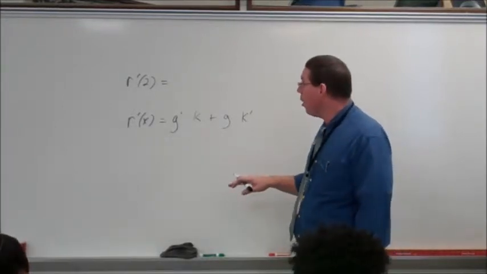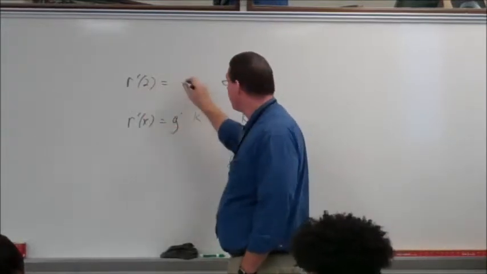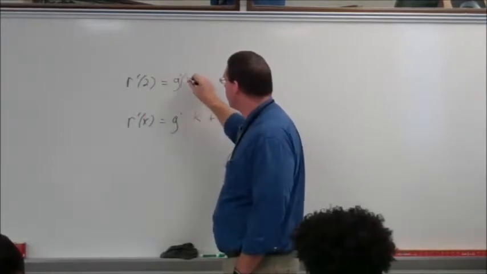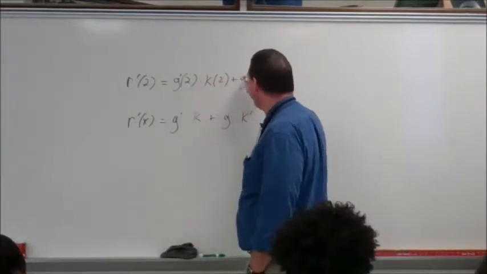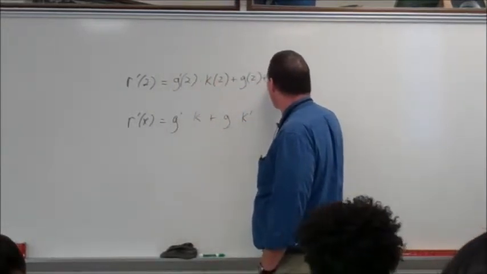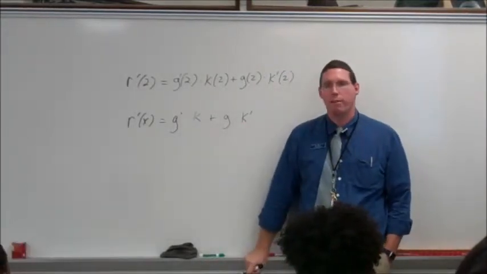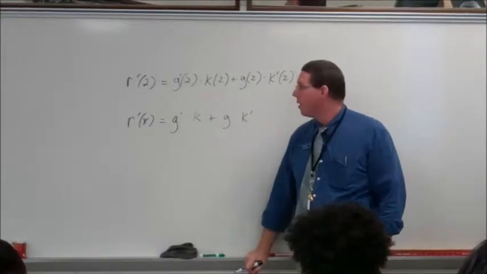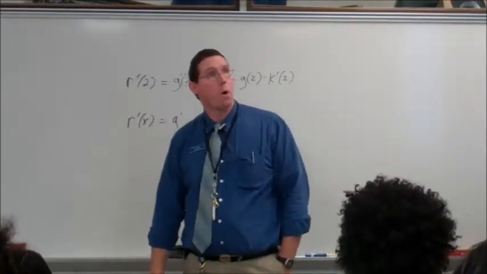Yep. And so if we want r prime of 2, that's going to be g prime of 2 times k of 2 plus g of 2 times k prime of 2. And all of those values are in the table. So what's g prime of 2? 1. It's 1.